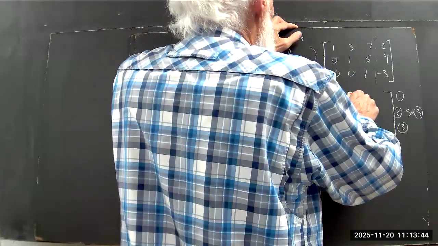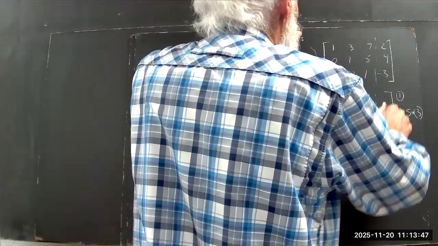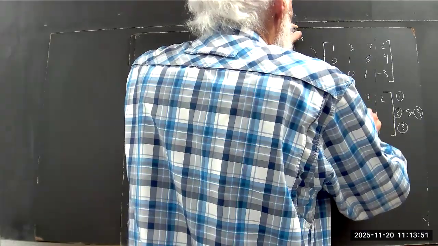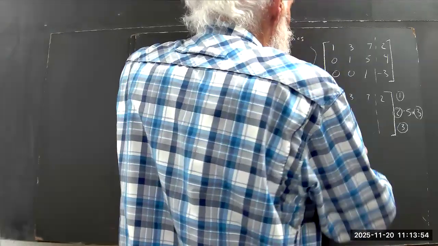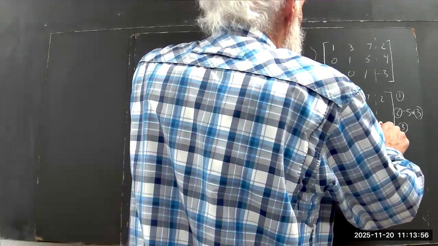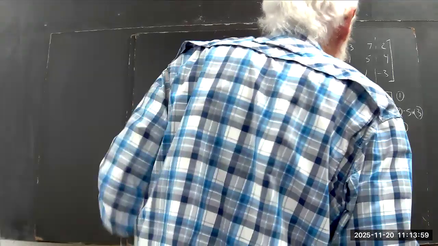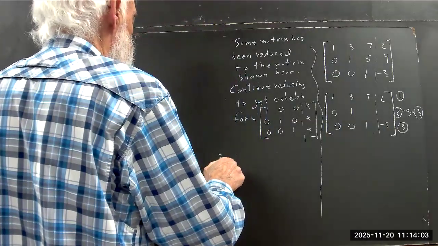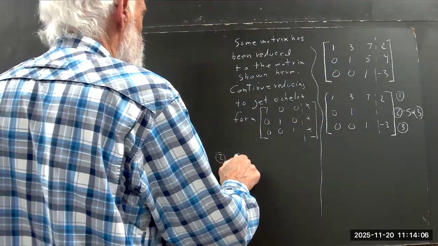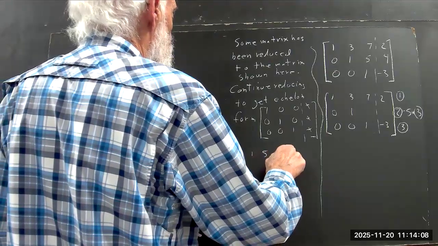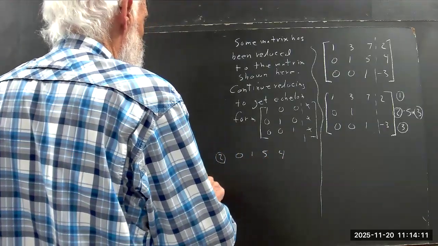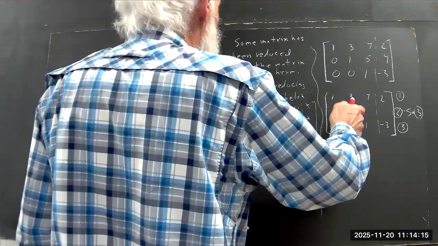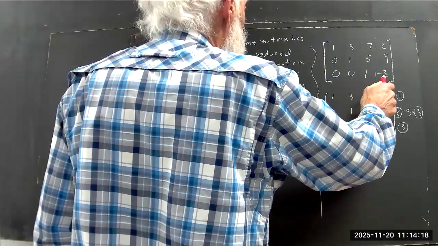So I'm just going to copy row 1. I'm going to have the 0, 1 because there's nothing down here to get rid of that 1, but then the mystery is what numbers go here and here. So let's add row 2 to -5 times row 3. Row 2 is 0, 1, 5, 4. -5 times row 3 is, it's pretty easy, 0, 0, -5, 15.